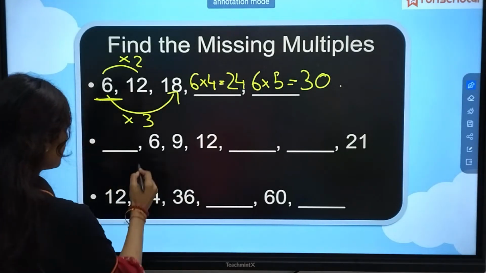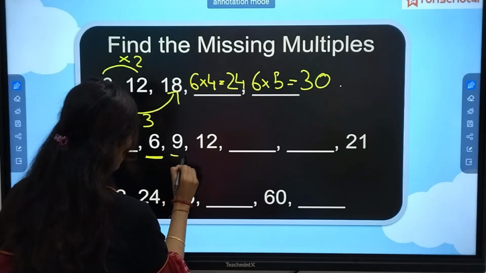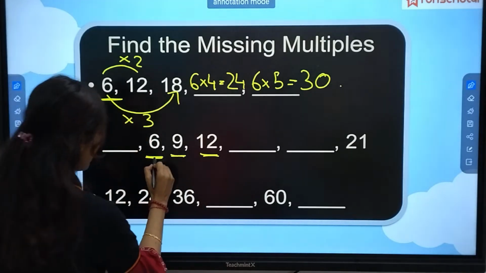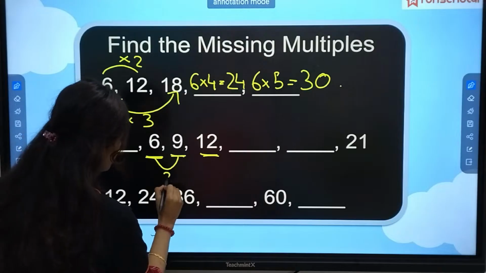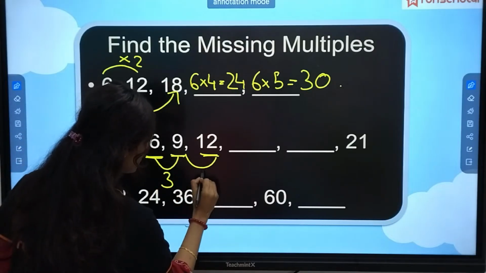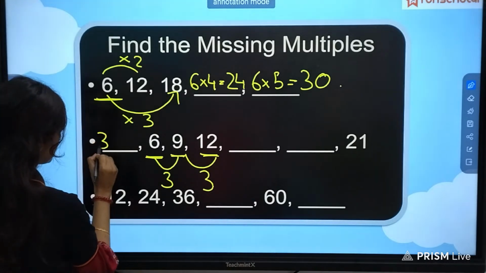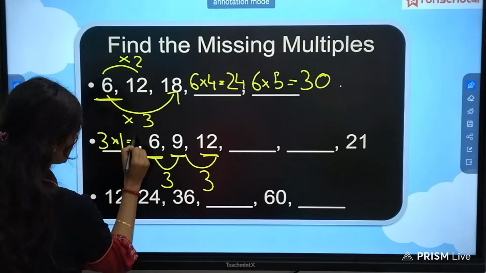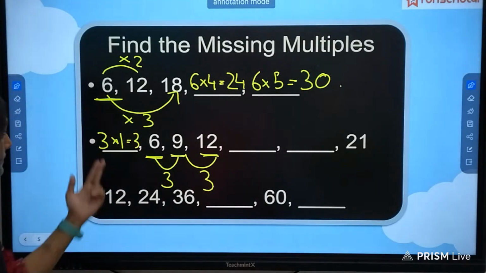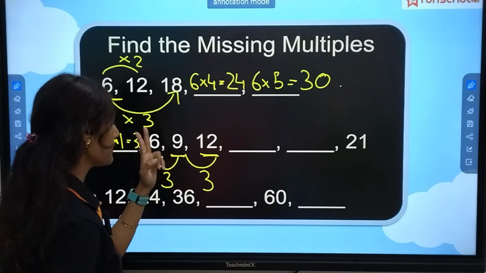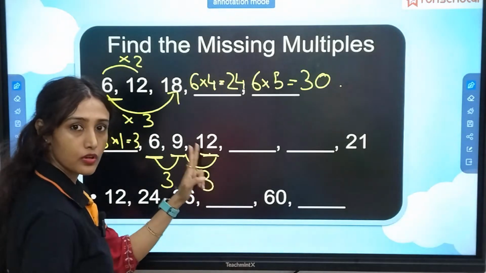Over here, see 6, 9, 12. Okay? So, what is the difference? There is a difference of 3 in each case. So, just see, 3 into 1 equal to 3. If I write 3 into 2, 6. 3 into 3, 9. 3 into 4, 12.